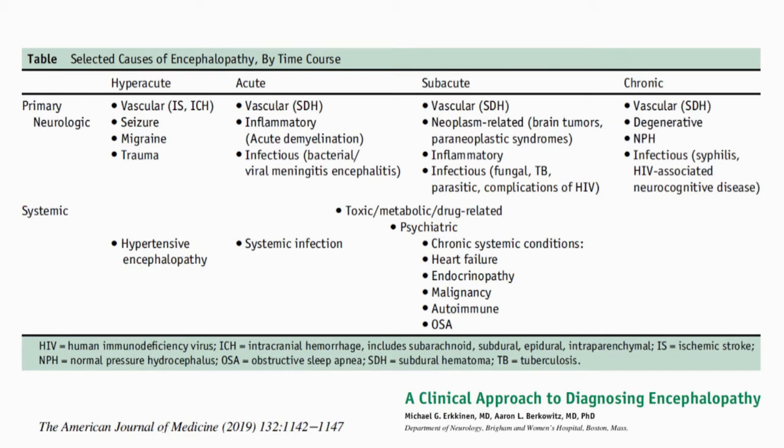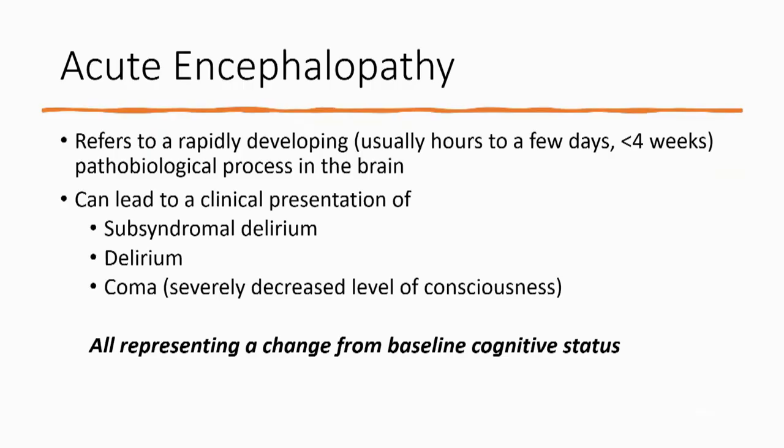With the systemic causes, that includes toxic, metabolic, drug-related, psychiatric, as well as things like hypertensive encephalopathy, and more chronic conditions like heart failure, endocrinopathy, malignancy, autoimmune, obstructive sleep apnea. So there's a whole spectrum of disorders that can cause a patient to present with encephalopathy.